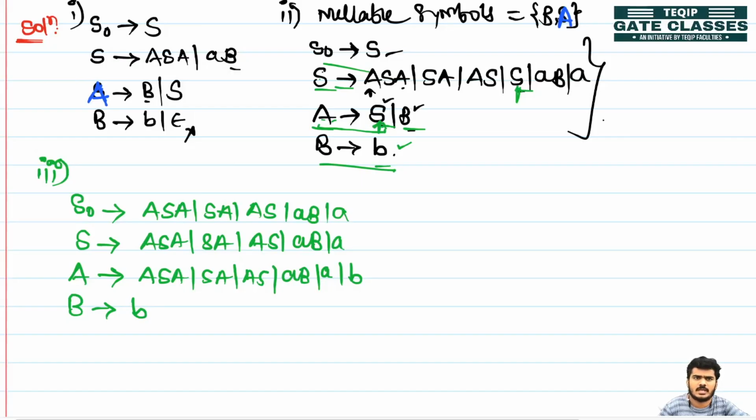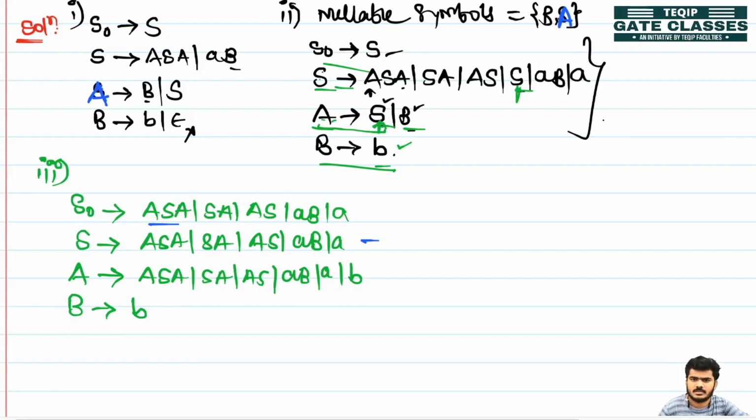Now step 4 and step 5. First of all we will see step 4, that is, if the productions contain more than 2 non-terminals, then we will replace those non-terminals with new symbols.